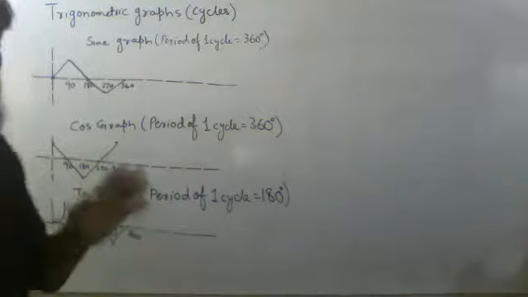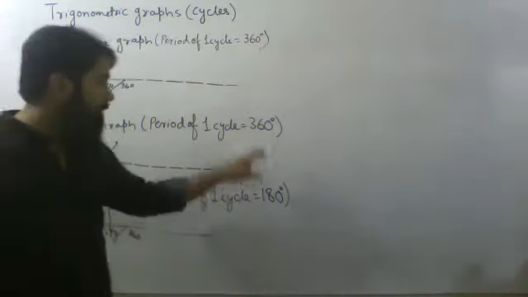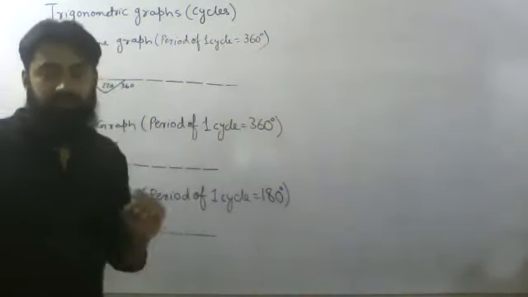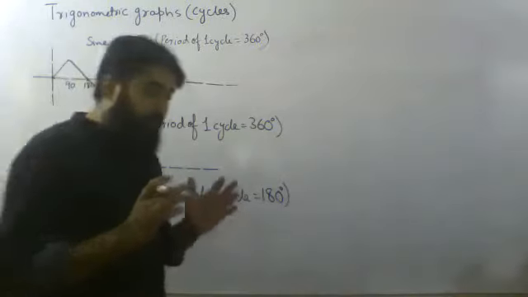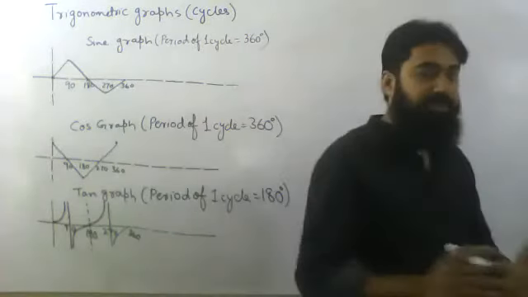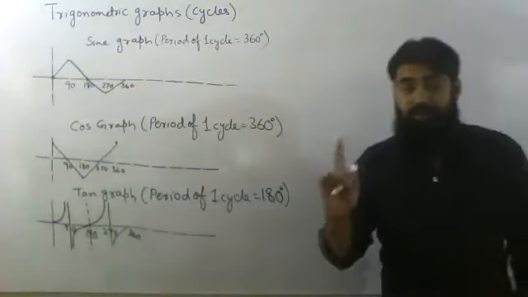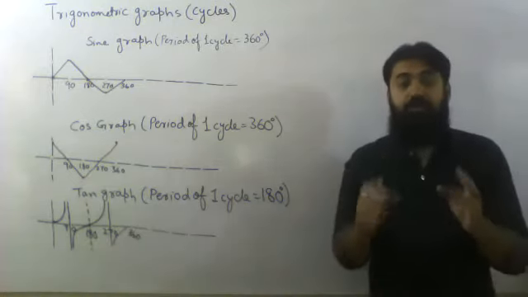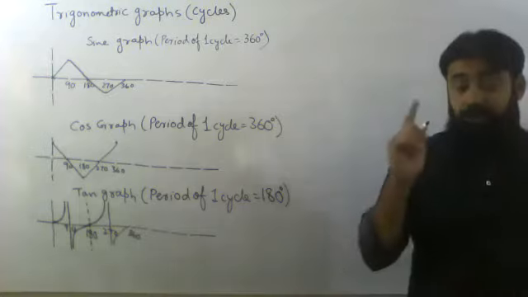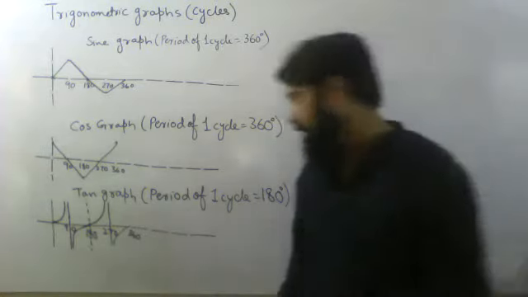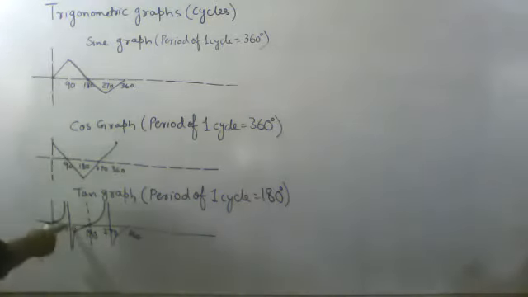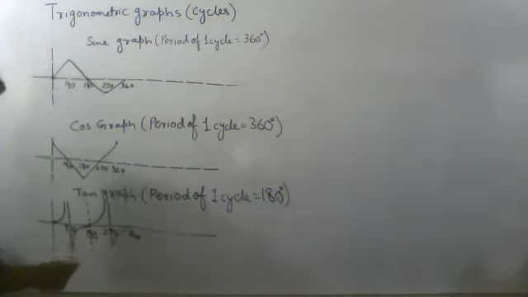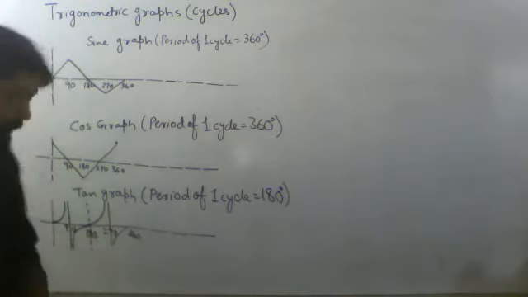Now, I have written 180 degrees over here, 360 degrees over here, 360 degrees over here. It means any difference of 360 degrees will represent one cycle of sine, one cycle of cos, and any difference of 180 degrees will give you one cycle of tangent. How? See, if I say from 90 to 270, a difference of 180.